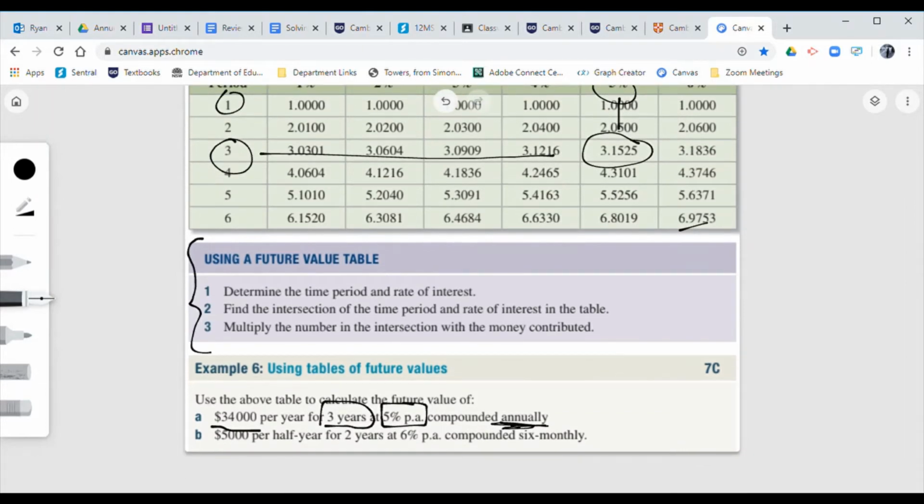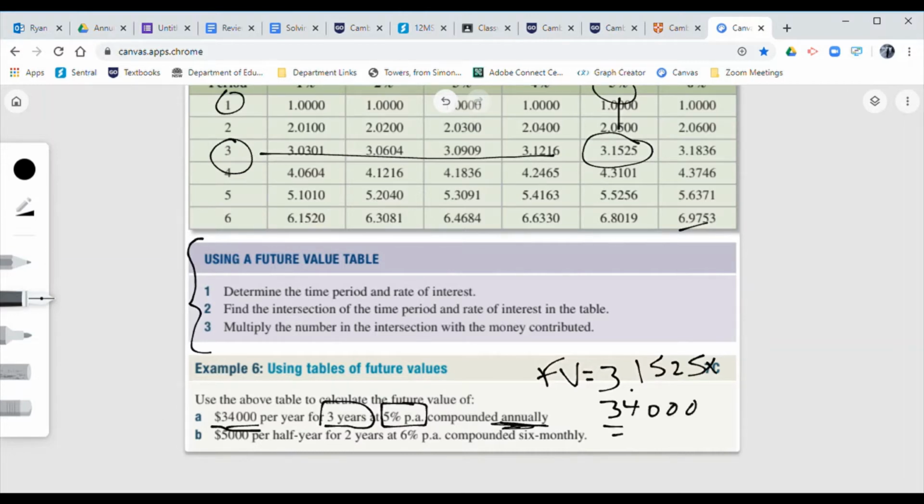So to find A, future value equals the intersection point value, 3.1525, multiplied by the principal being invested each period, which is, wow, a lot of money, $34,000. I'm sorry, I just don't have a ton of room to work on this slide.